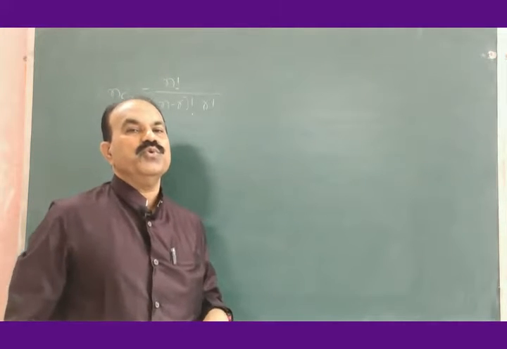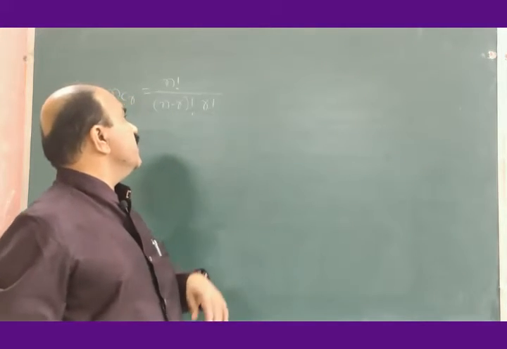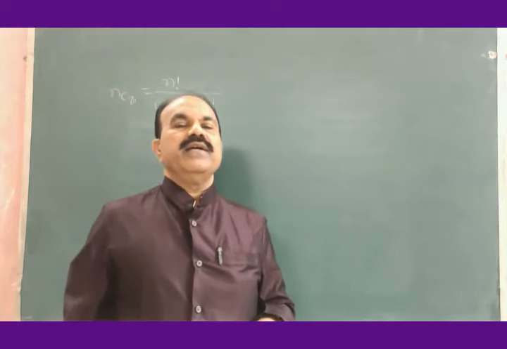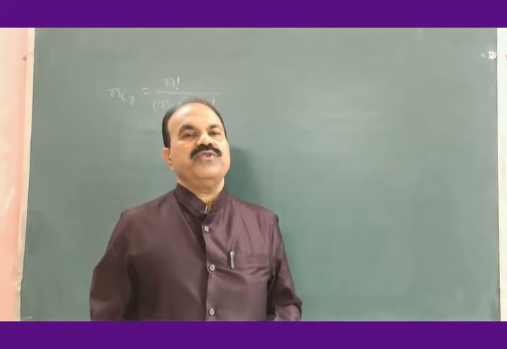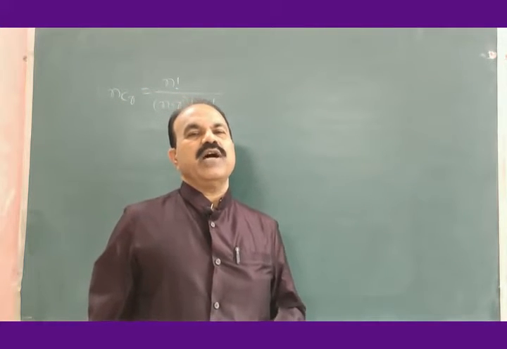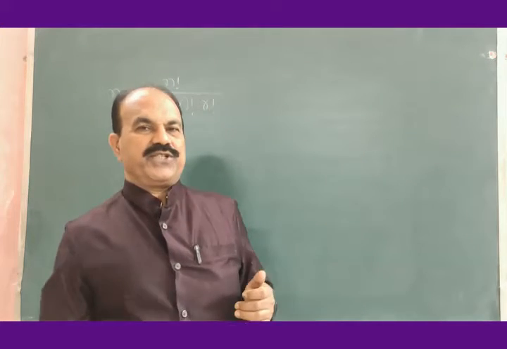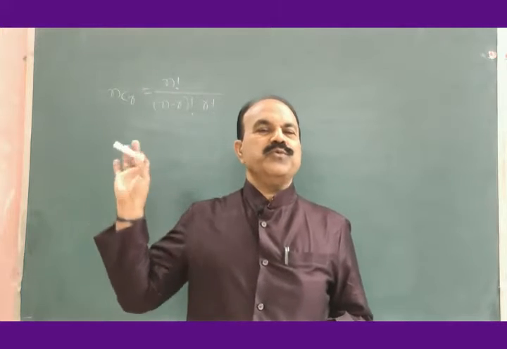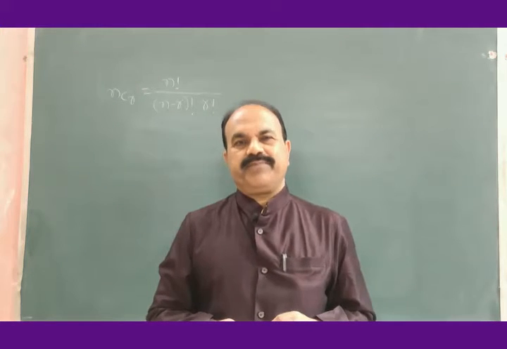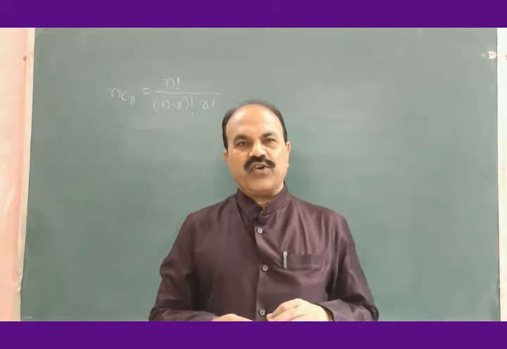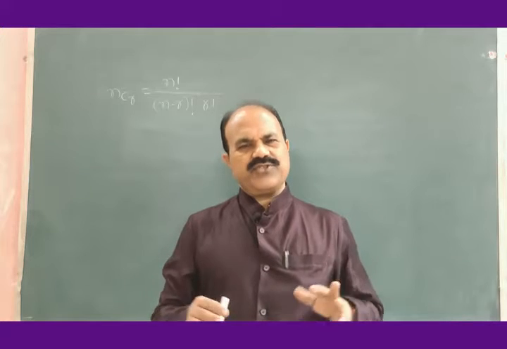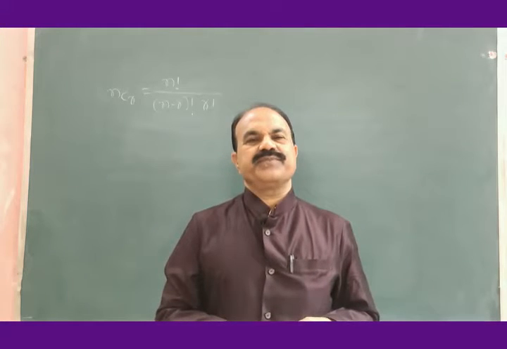NCR is equal to n factorial divided by n minus r factorial into r factorial, and you are asked to write a program to find this NCR in Fortran, of course in any other high level language.